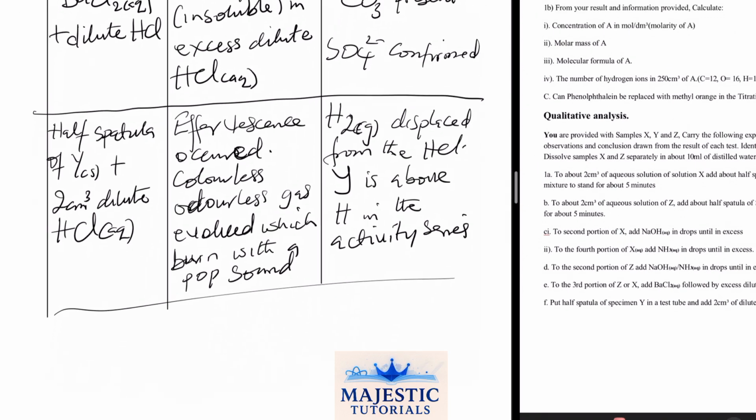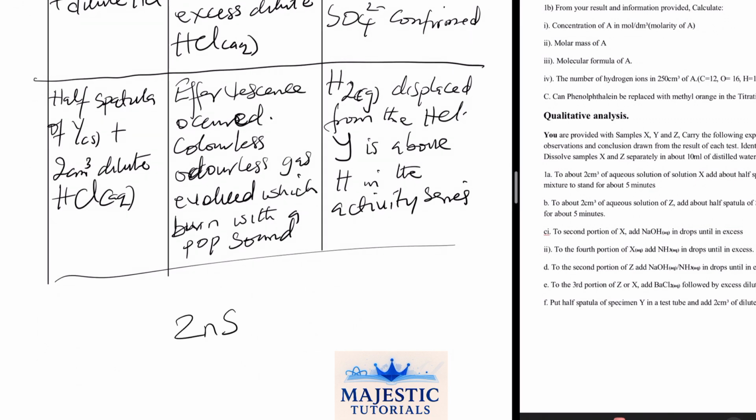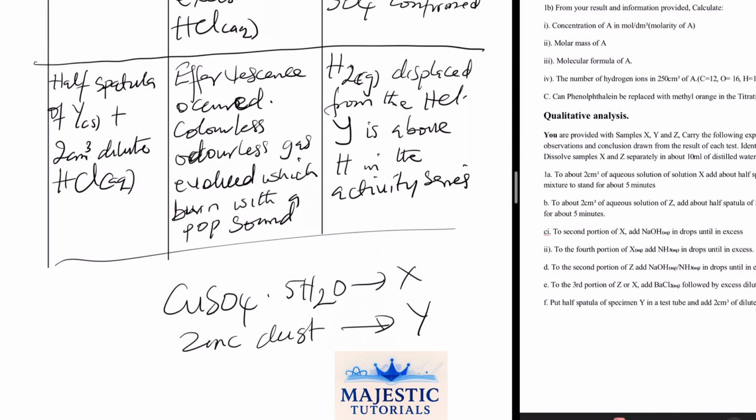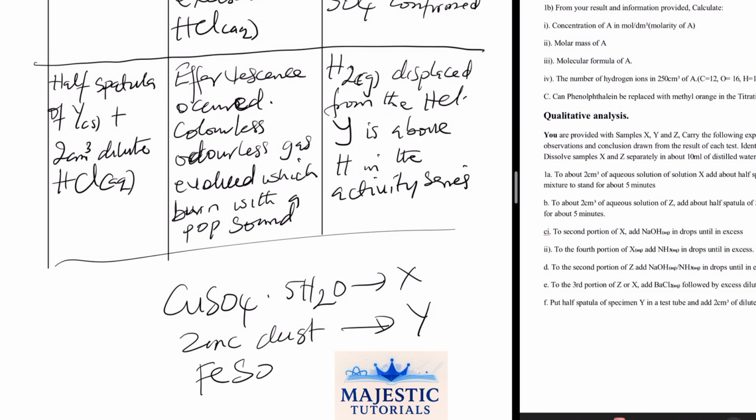Both solutions are all zinc, not zinc, sorry, copper 2 tetraoxosulfate 6, likely in pentahydrate form, was the sample X, while zinc dust is what we regarded as Y here, but iron 2 tetraoxosulfate 6 heptahydrate this time around is our Z.